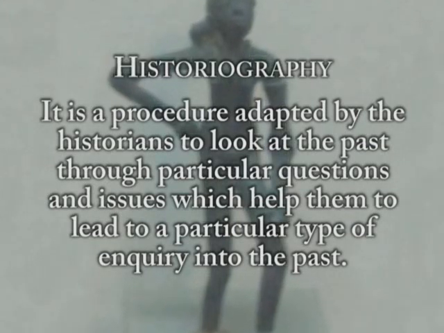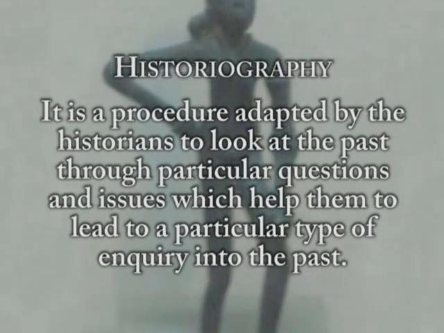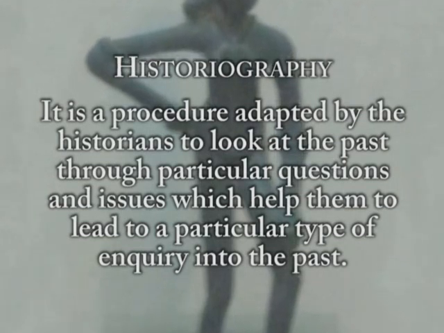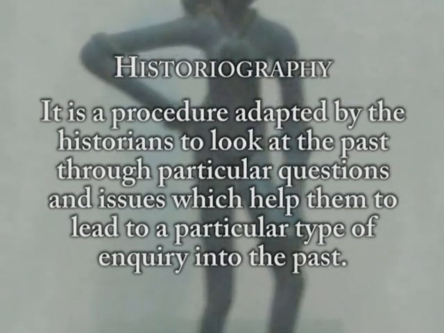What are the questions and issues that lead the historian to a particular type of inquiry into the past? We shall look closely into how the historian works with the sources of information.